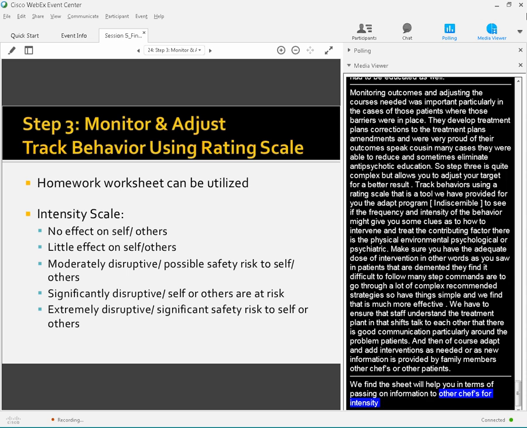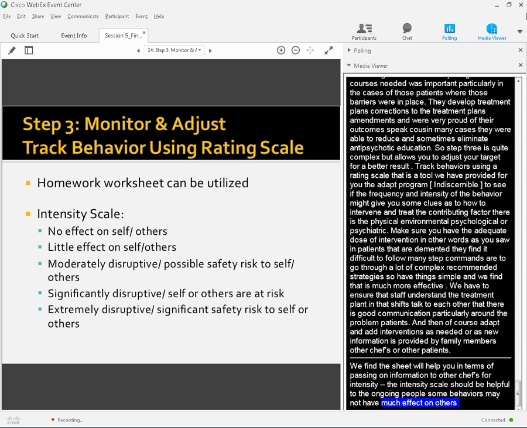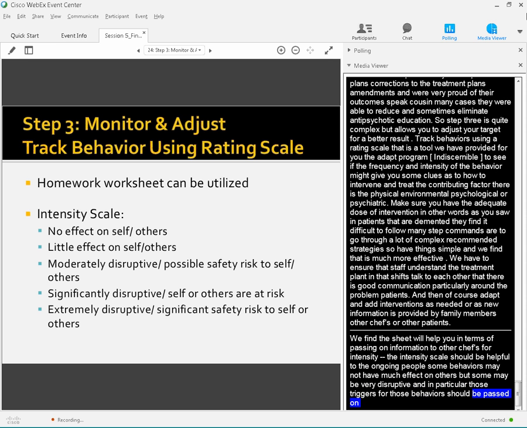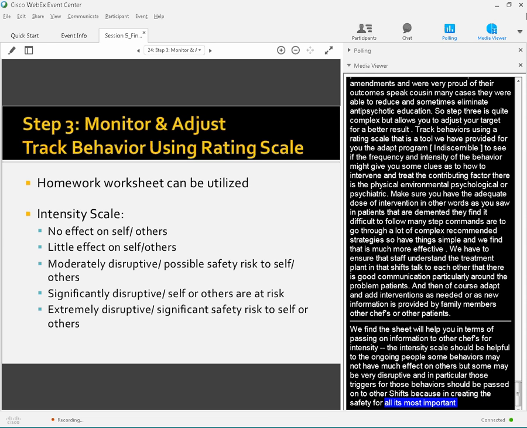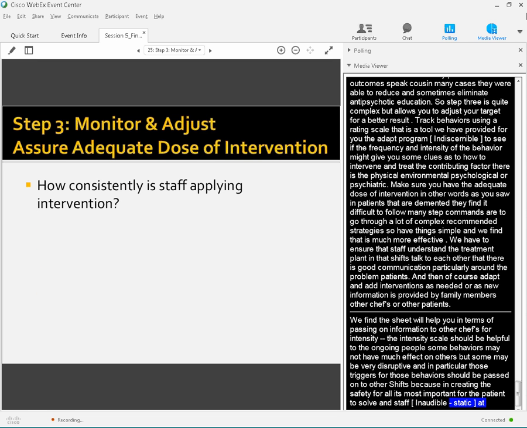And in particular, those triggers for those behaviors should be passed on to other shifts. And because improving the safety for all is most important, patient assaults, patient on staff assaults become sentinel events, and it's important to mitigate that risk as much as possible.